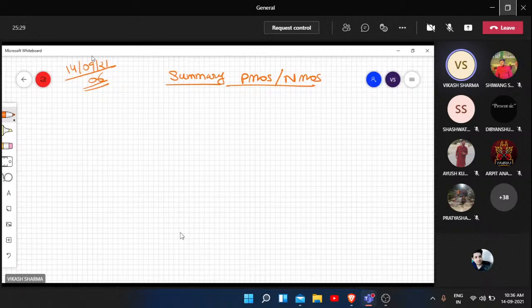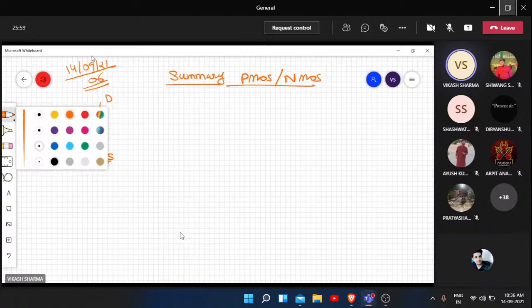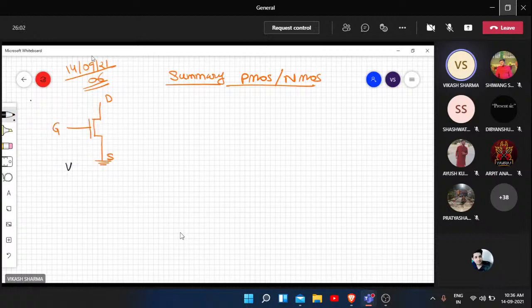Let me just draw it. Our gate, drain, and source, and you can see here the source is connected to ground. So we can say that Vs is equal to 0 volt and here some Vg.